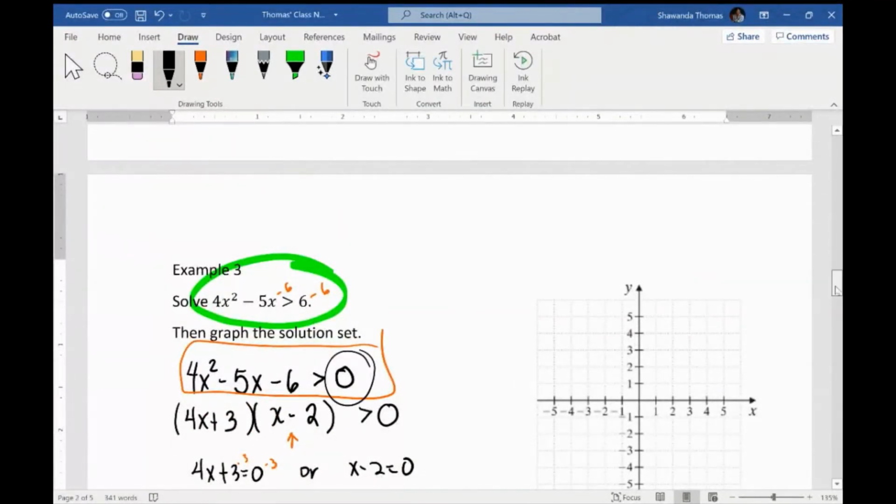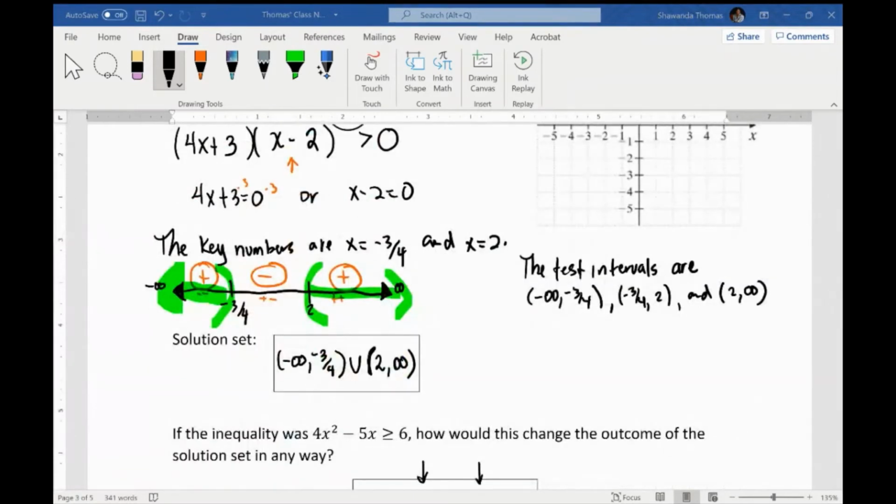Dr. Thomas, do brackets have closed circles and parentheses have open circles on the graph too? Yes. That's another way you could have done it back in the day. If you have a number line, your teacher, maybe in middle school or high school, may have done it this way, open circle.